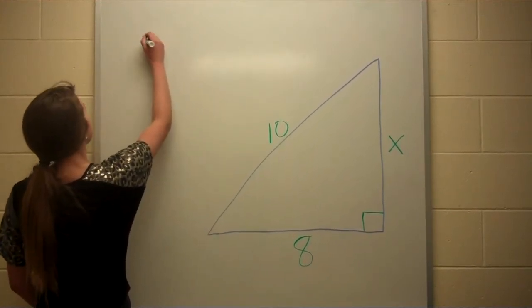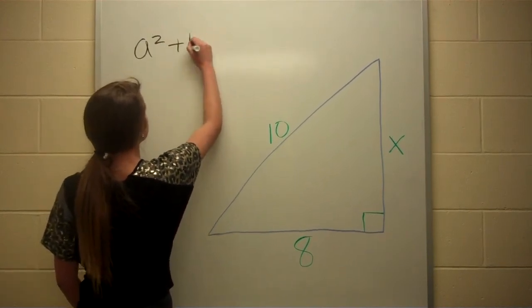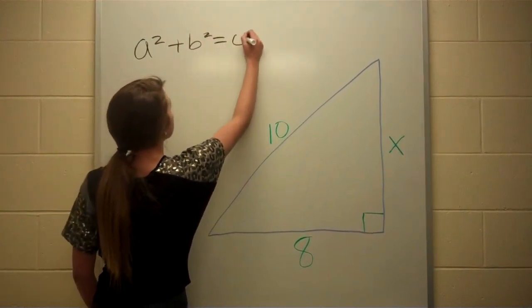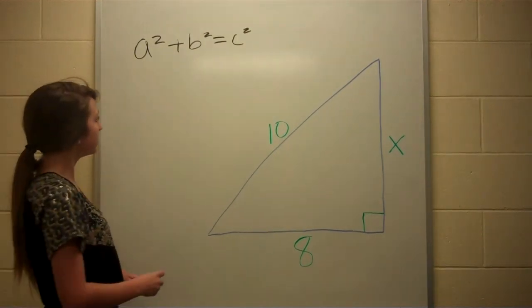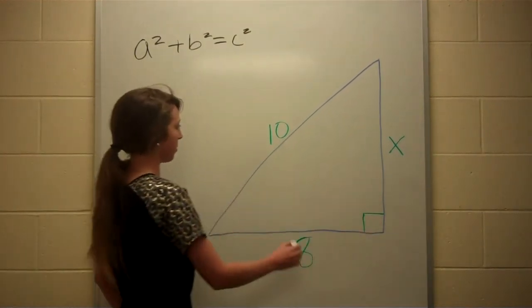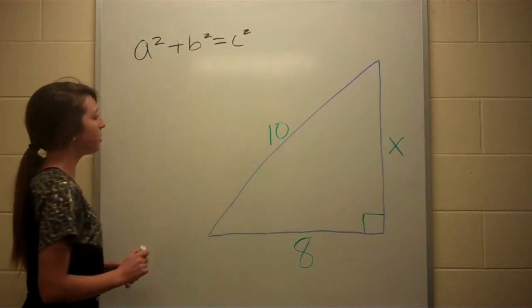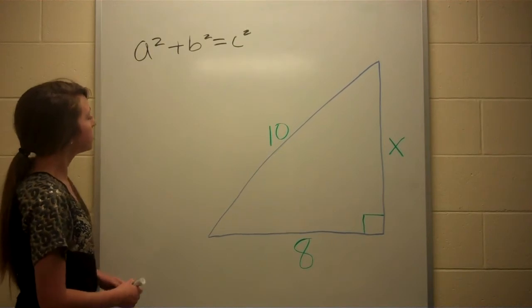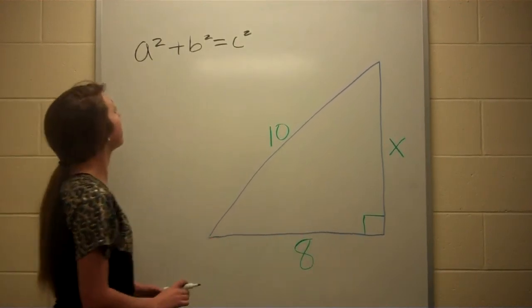The Pythagorean Theorem equation is a squared plus b squared equals c squared. And we notice that we have three letters or numbers that we can plug in to this equation. First, we have to notice which numbers we will be plugging in.